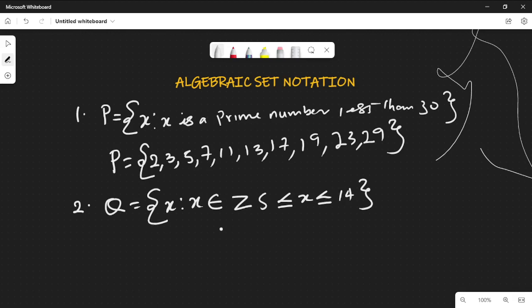What this implies is that this symbol means "belongs to". Are you getting it now?